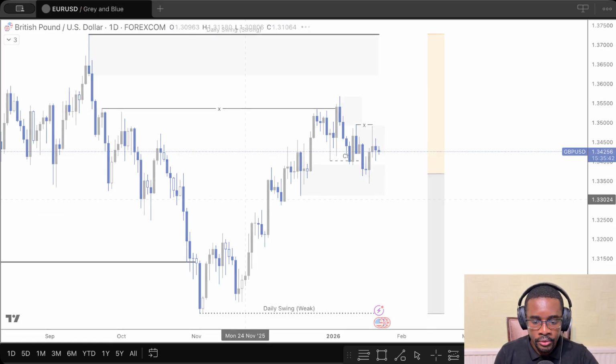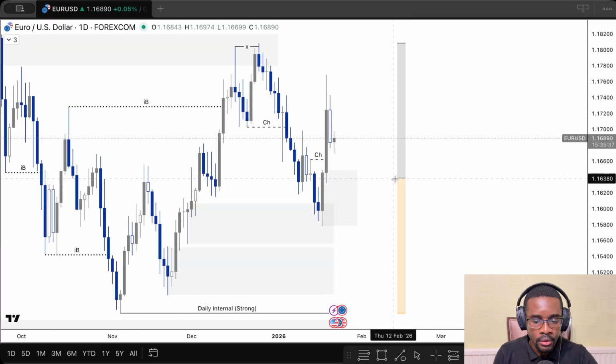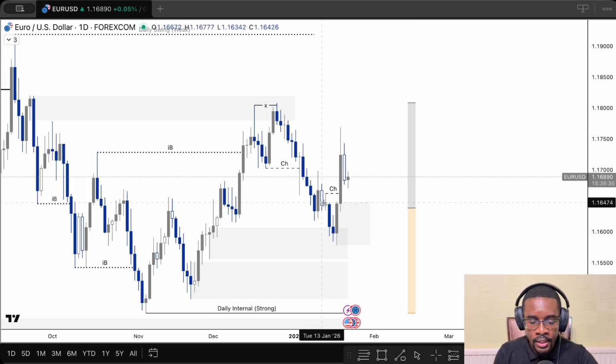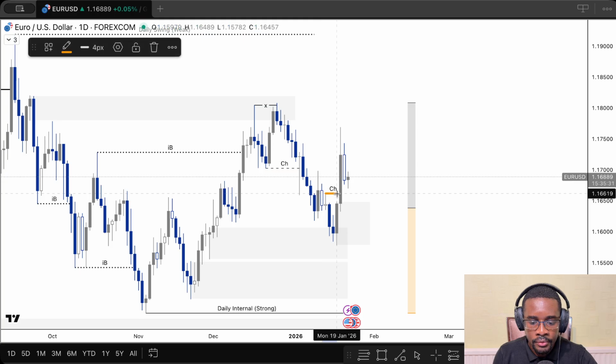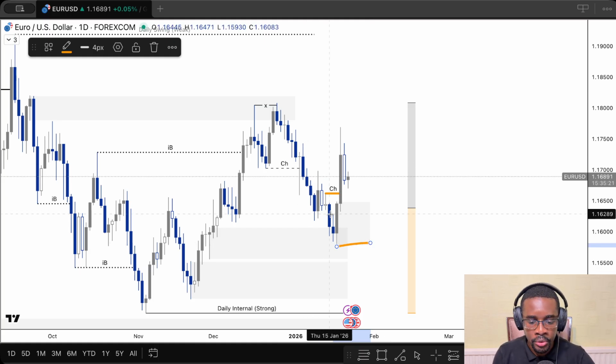So let's look at the Euro USD. For the Euro USD, we have this bullish change of character. We have a strong demand area, okay, as a result of that choke.